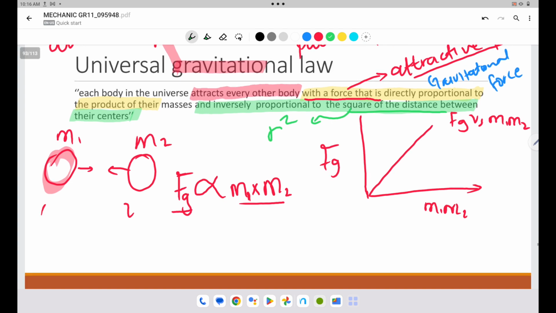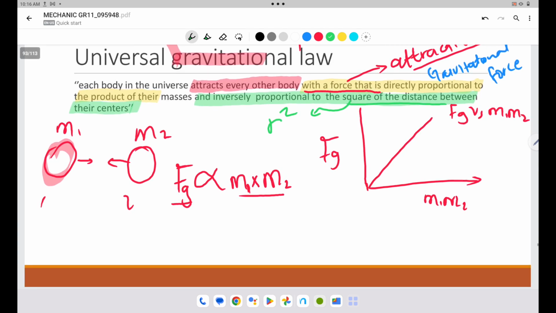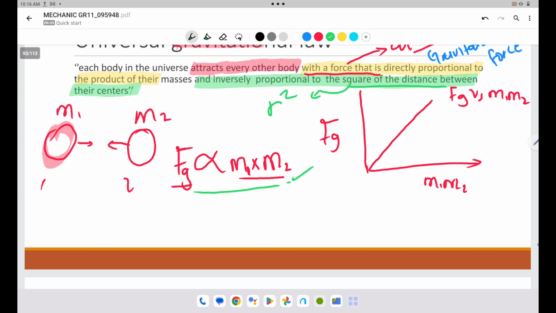So we're being told that each body in the universe attracts every other body with a force that is directly proportional to the product of their masses, which is this part, and inversely proportional to the square of the distance between their centers.